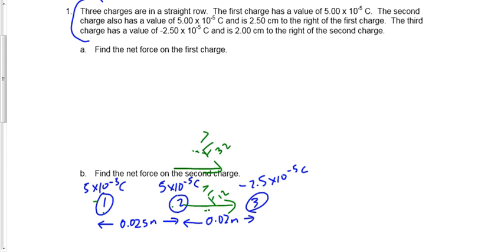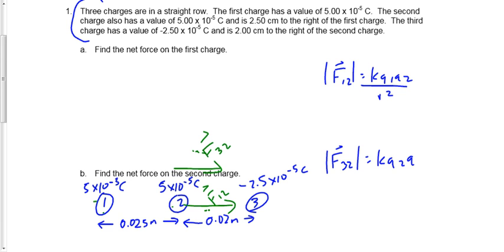All right, got to get both the values of these forces now. F12 is KQ1Q2 over R squared. F32 is KQ2Q3 over R squared. Now, I'm going to assume that you can plug the numbers in there and calculate those values. If you're having trouble getting the correct values, then let me know and I can go through the work here.